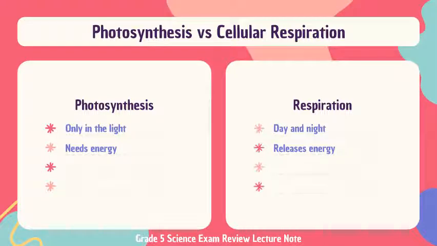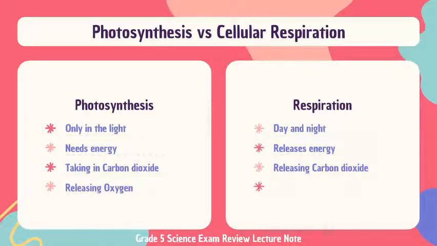So the first process absorbs energy, the second process releases energy. By photosynthesis, plants take in carbon dioxide, CO2, while they release CO2 during respiration. During photosynthesis, they release oxygen to the outside and they take it in during respiration.